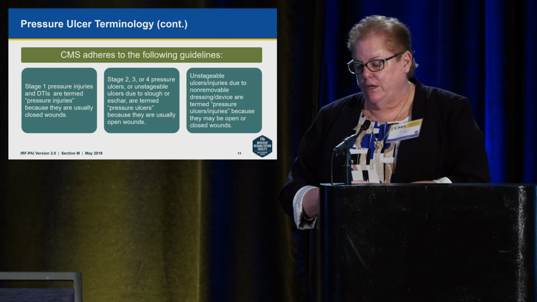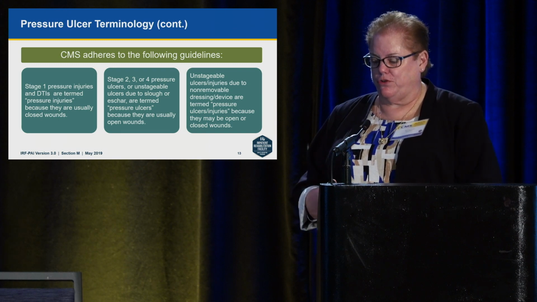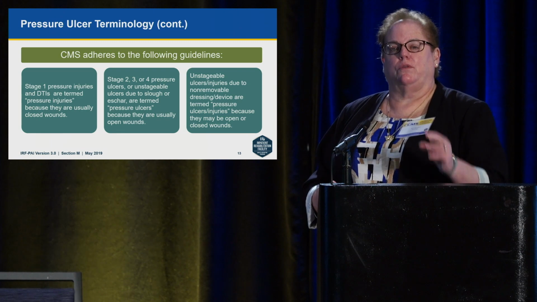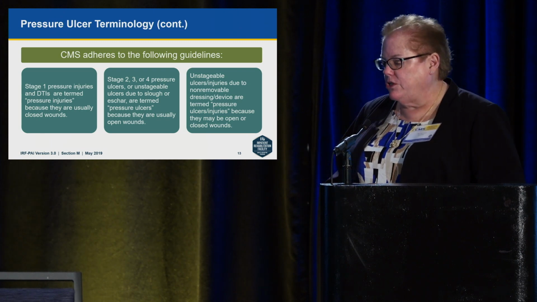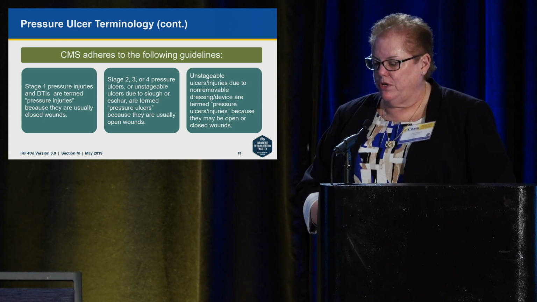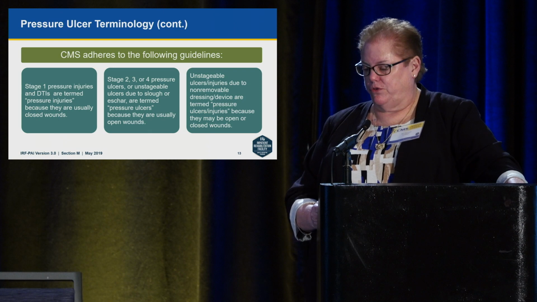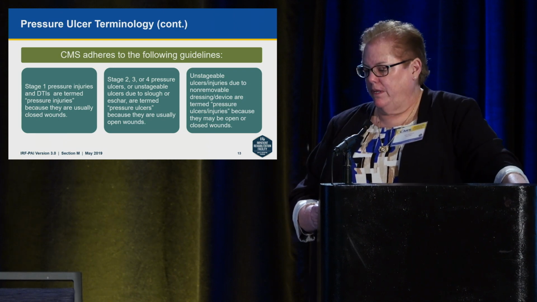These are important because of the terminology, and this is around educating your staff, making sure everyone has a shared mental model on this. A stage 1 pressure injury and DTIs are termed pressure injuries because they are usually closed wounds, so the damage is below the skin, but the skin is usually intact. Stage 2, 3, and 4 pressure ulcers or unstageable ulcers due to slough and/or eschar are termed pressure ulcers because they are usually open wounds, so the epithelium is gone.